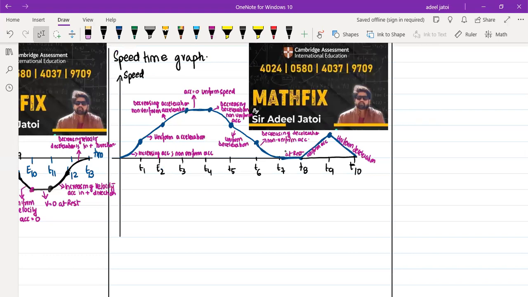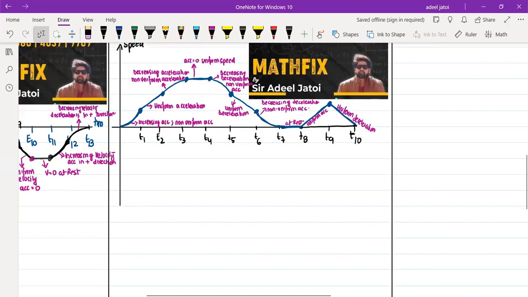So what do we have here in this? There are a few pointers that you need to understand as well. Number one, M, that means gradient, represents acceleration here.